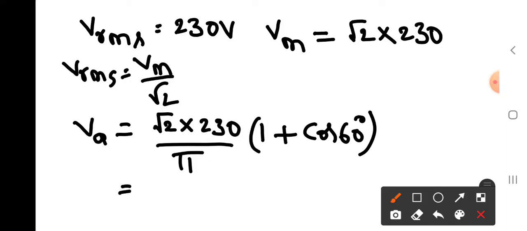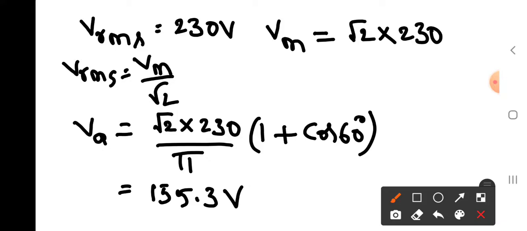Therefore, how much value is it? 155.3 volts approximately. You should note that VA is greater than EB. This is the VA value at 600 rpm.